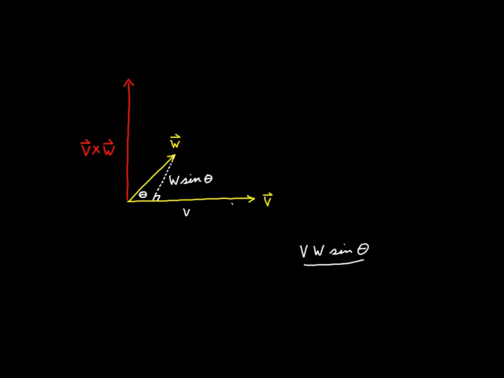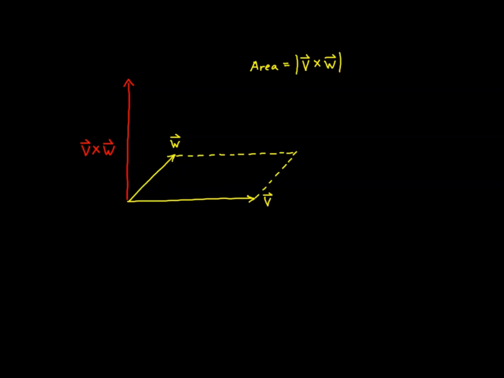Well, the product of these two line segments is nothing more than the area of this parallelogram that you see constructed here. So this is a very important geometric result, and that is that the magnitude of the cross product is equal to the area of the parallelogram that is constructed as a result of the two vectors.